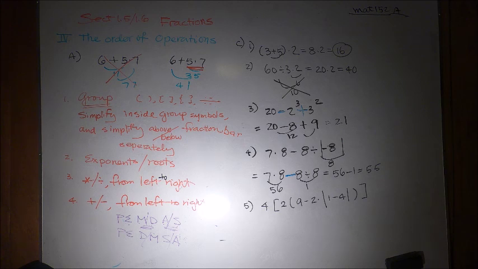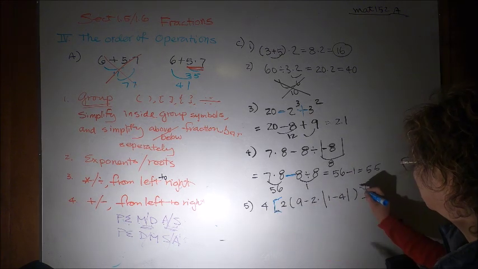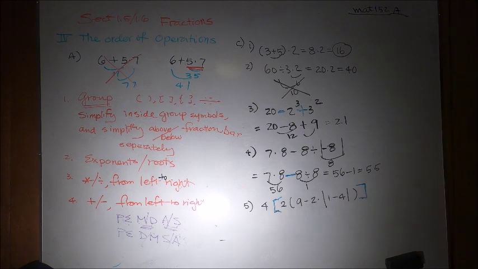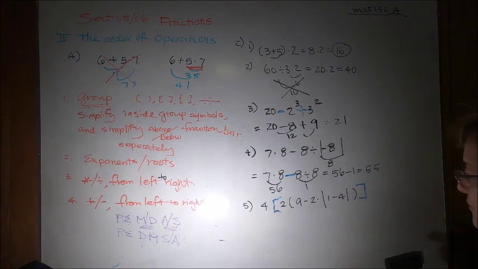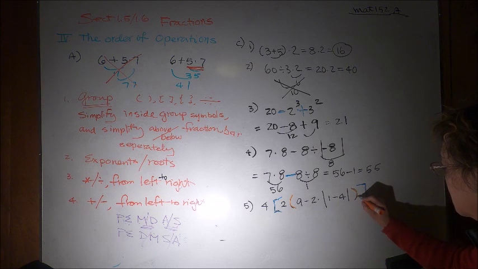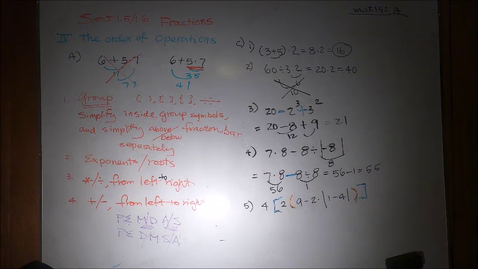So what you do is you do it from inside to outside. Okay, so this is the most outer one, right? Then the next level would be like here. Then the remaining is inside. So you will do inside first.